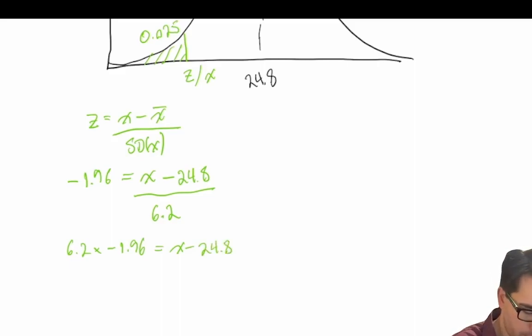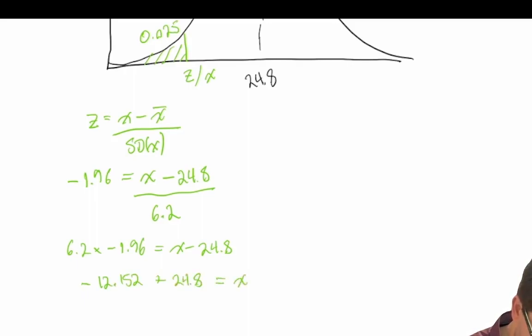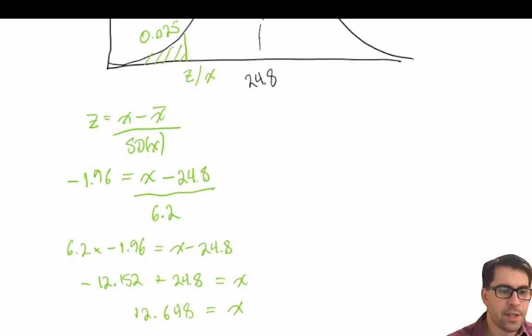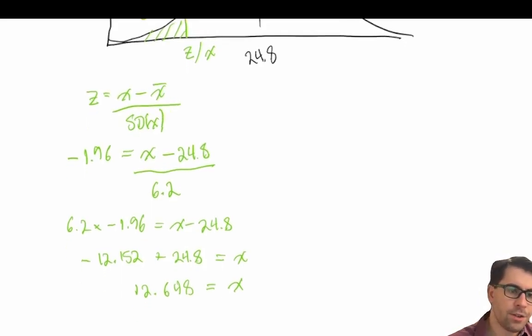So 6.2 times negative 1.96 gives us negative 12.152 plus 24.8, which gives us our value for x. So 12.648 is equal to x. In other words, the worst 2.5% of all cars will have 12.648 miles per gallon or less.